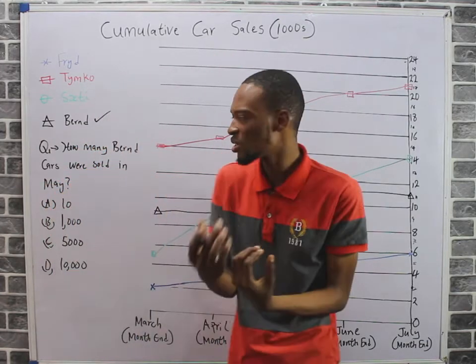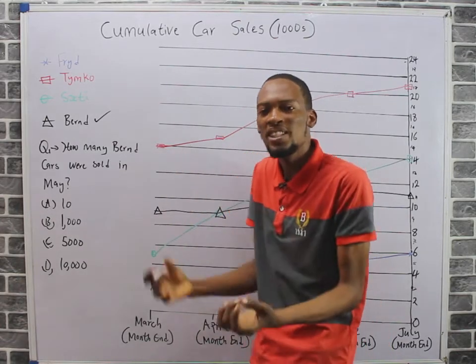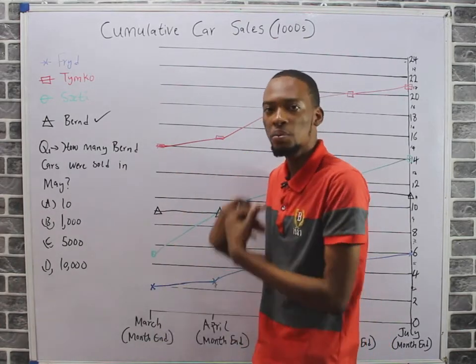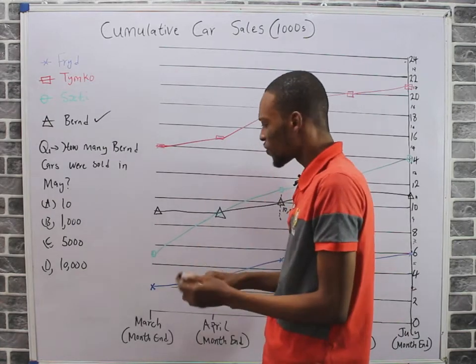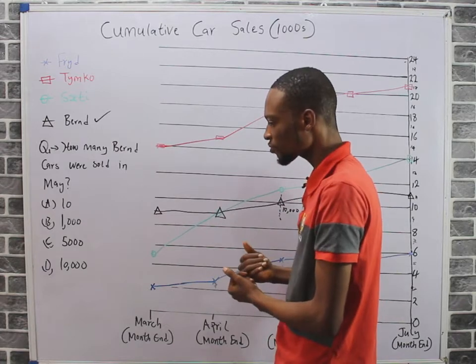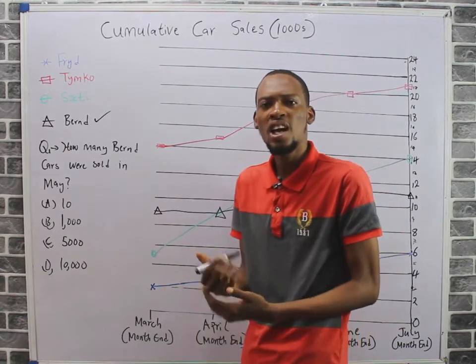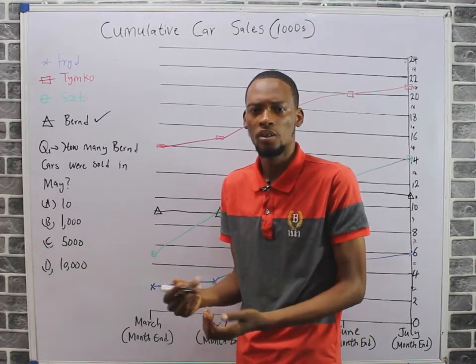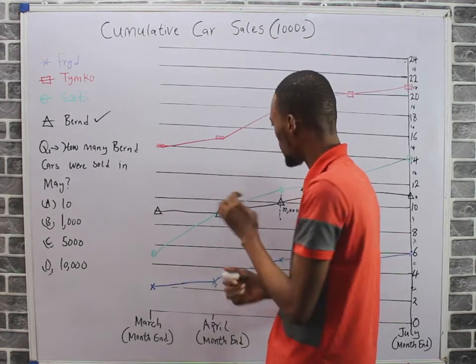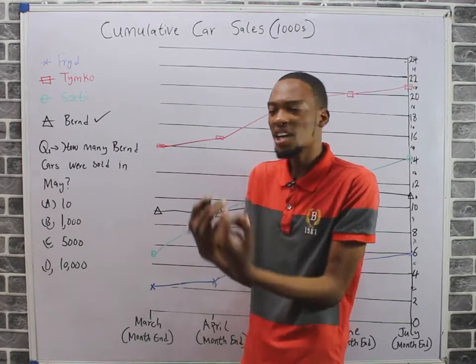This question is asking us how many cars were sold in May, just May. We are not saying from the beginning of the year till May. If from the beginning of the year you made 10,000 naira and we are in May and I ask you, how much did you make in May? If you tell me 10,000 naira, you are wrong, because you made 10,000 naira from January to May.